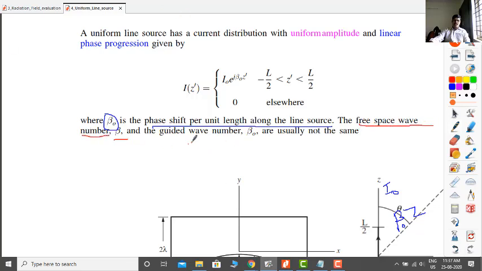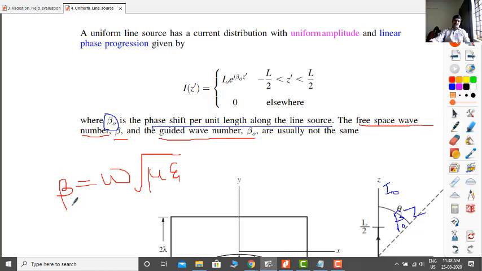Okay, so beta naught is the guided wave number, and beta is the free space wave number, and beta can be related to the frequency and the medium parameters mu and epsilon by beta equals, in general, omega root of mu epsilon.